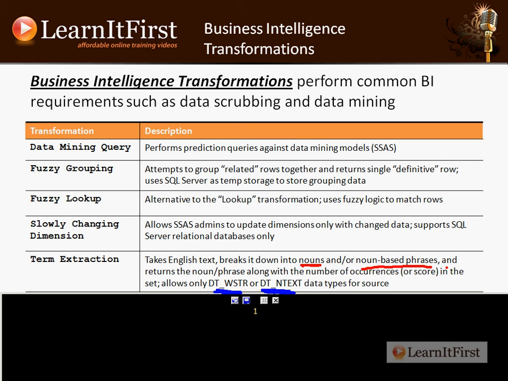That score could either be the number of occurrences of that noun in the data source, or it could be based on an actual scoring mechanism within the term extraction transformation. So you could use this to build lists of words that are found within descriptions. You could load up blog comments to find out how many times a particular phrase or product or term was mentioned in those comments. Very good for doing that type of thing.